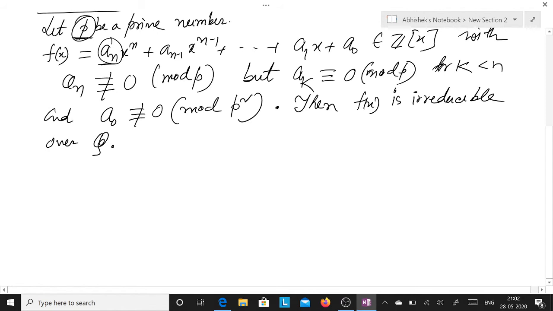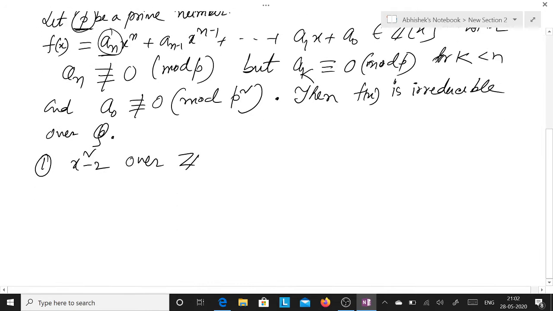In my previous lecture, I proved that the polynomial x square minus 2 over Z is irreducible over Q using the theorem that I wrote down at the beginning of today's lecture.